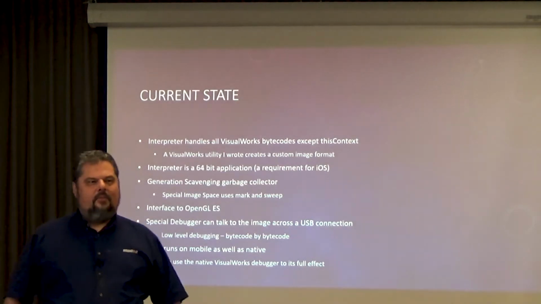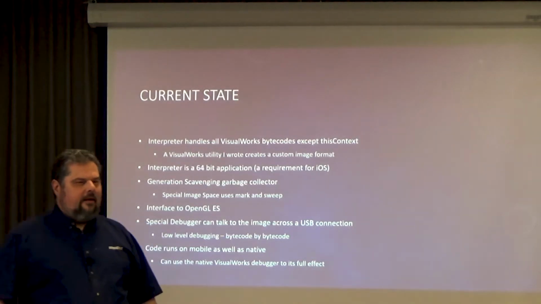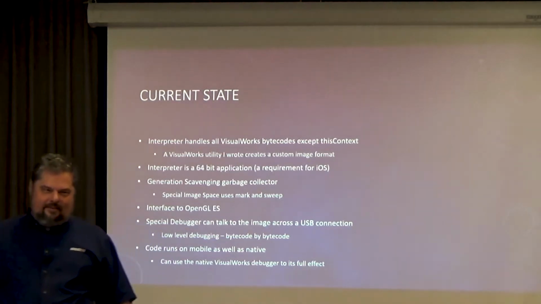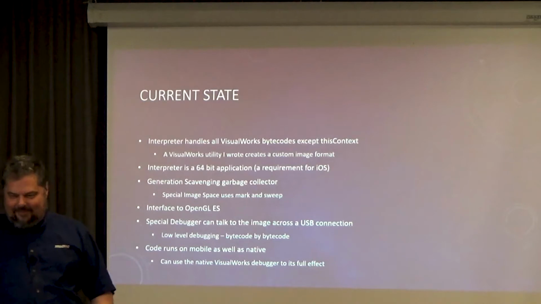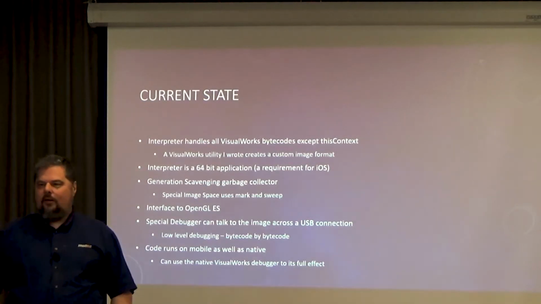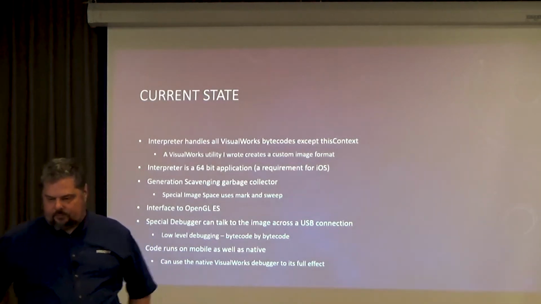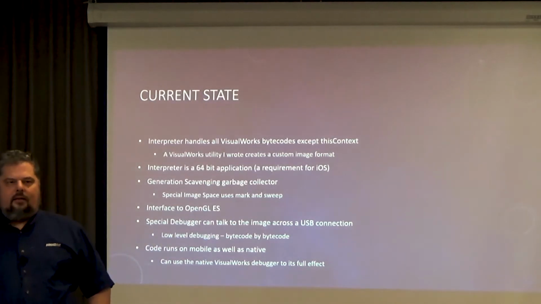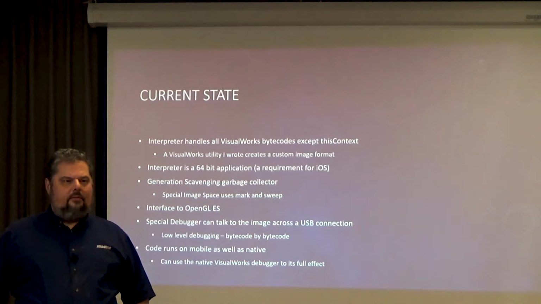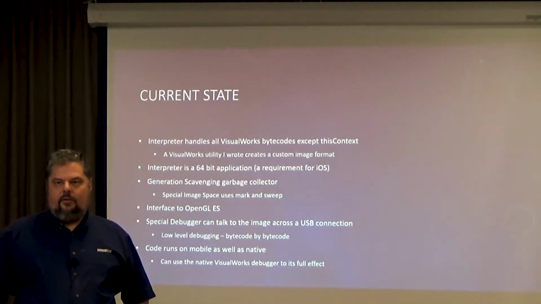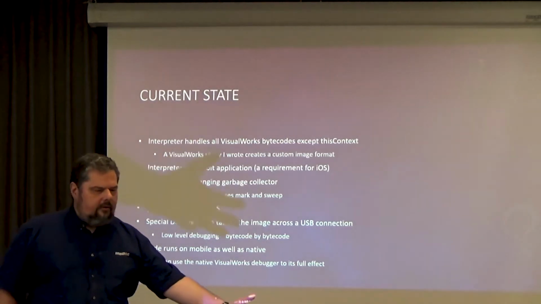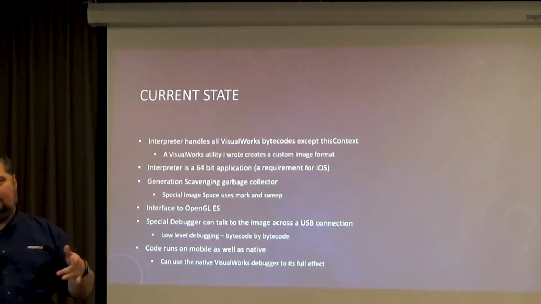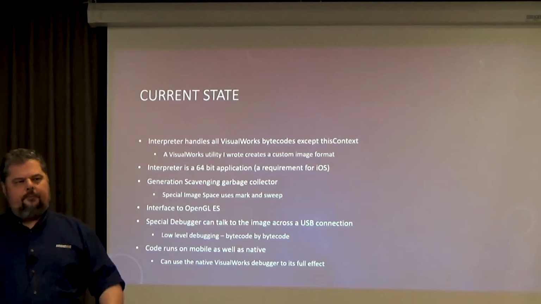Generation scavenging. I found out early on that if I'm allocating objects and I don't have a garbage collector, it doesn't take long for it to crash. So I implemented a generation scavenger for it. Later on, I started finding that some of my objects, like bitmaps, were things that I wanted to load in from files and then keep around for a long time and hopefully not move them around in memory.